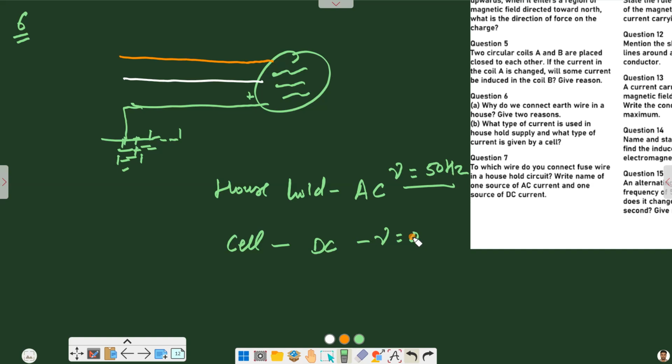The frequency of DC is 0 Hertz and it does not change its direction anytime. It always starts and stops in the same direction. For AC this is not the case. AC changes its direction after 1 by 100 second each time, or 100 times in a second.